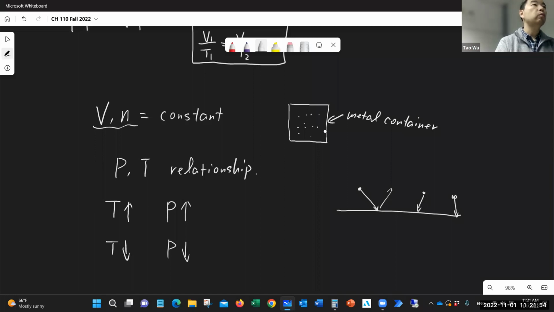So when they hit the wall, they generate a force on a certain area, and the pressure is generated. The reason we are exposed to pressure is because the air molecules are constantly hitting our body. The reason we don't feel any pressure is because we're already used to it. Also, inside you have pressure and the outside also has pressure. Those two pressures are equal to each other, so you don't feel anything.